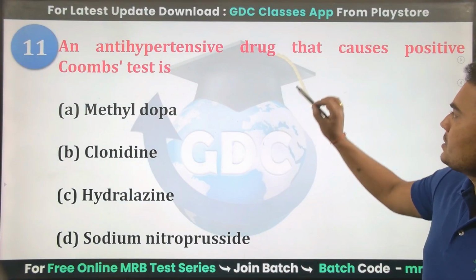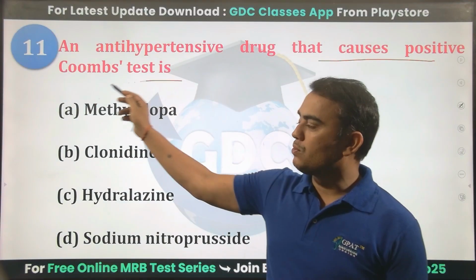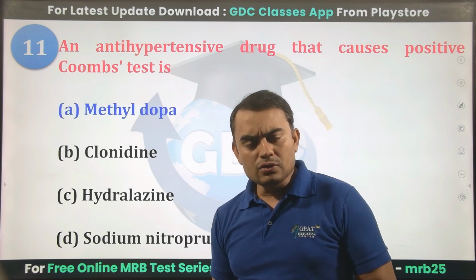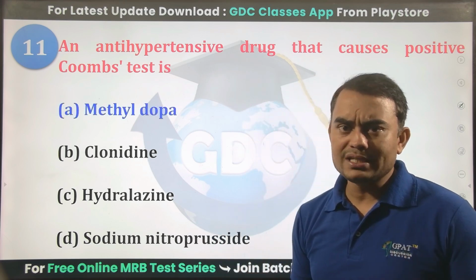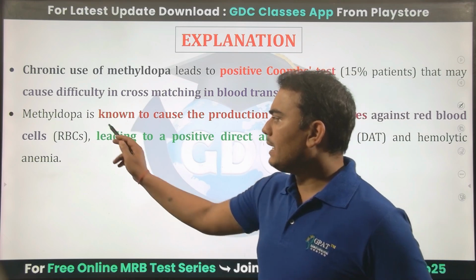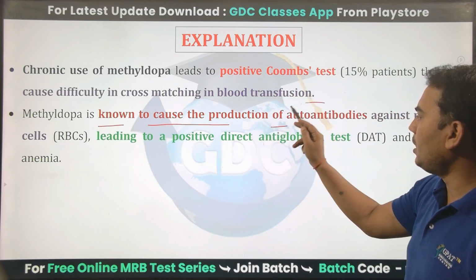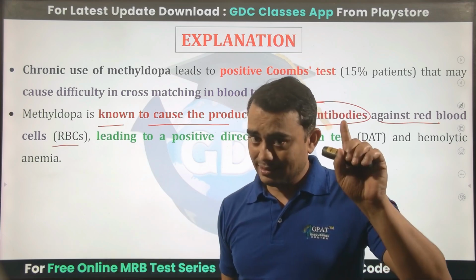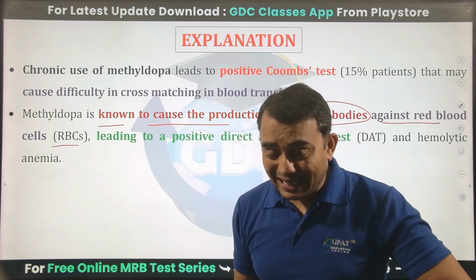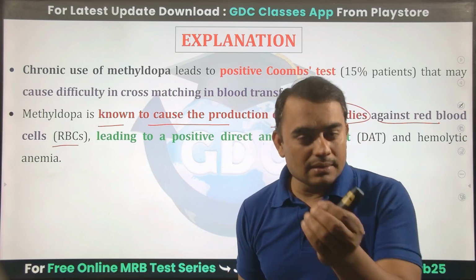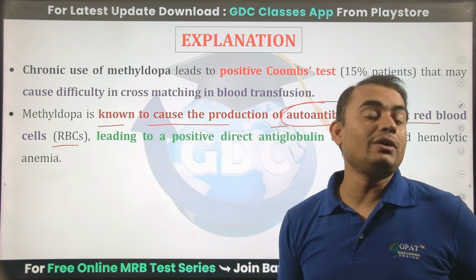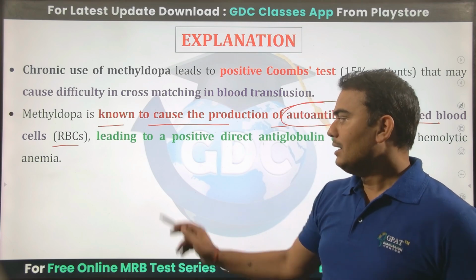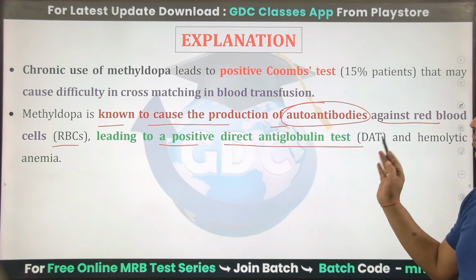An antihypertensive drug that caused the positive Coombs test. Already I have answered that methyldopa shows positive Coombs test. Why, sir? Remember, methyldopa is known to cause the production of autoantibodies against the red blood cells, because methyldopa develops some autoantibodies which can destroy the RBCs, leading to anemia, hemolytic anemia, leading to the positive direct antiglobulin test.